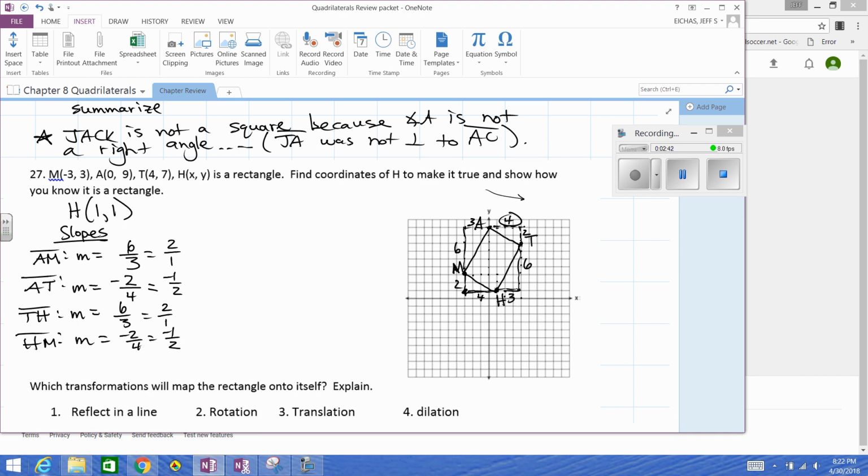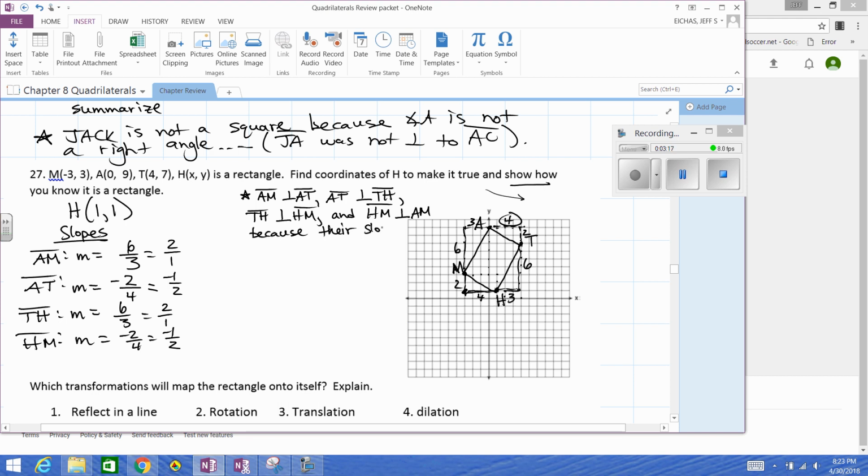Okay, show how you know it's a rectangle. I'll do the full proof. I don't think we need to, but I'm going to say AM perpendicular to AT, AT perpendicular to TH, TH perpendicular to HM, and HM is perpendicular to AM, because their slopes are negative reciprocals.